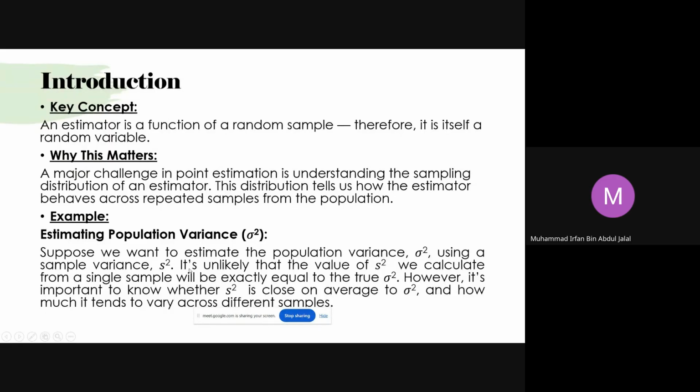For example, if I do research and I want to estimate the variance of blood pressure in the population, I use the sample variance from around 100 patients, or hundreds of healthy individuals in my population.